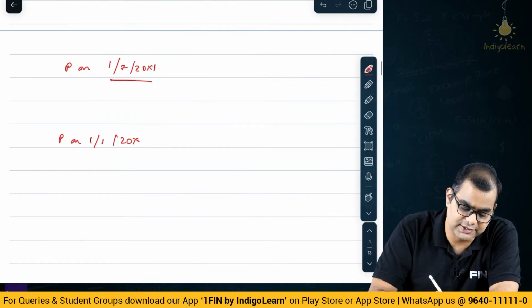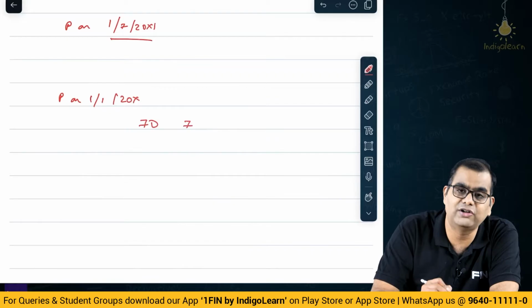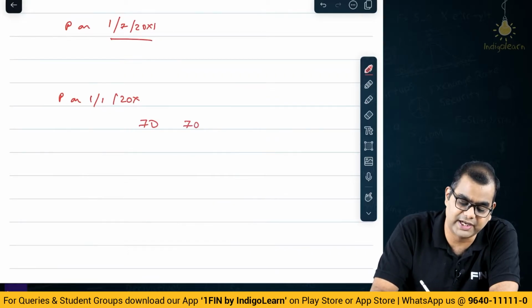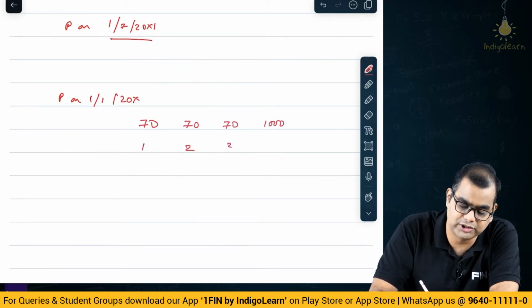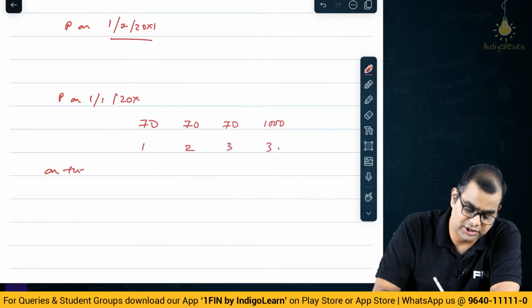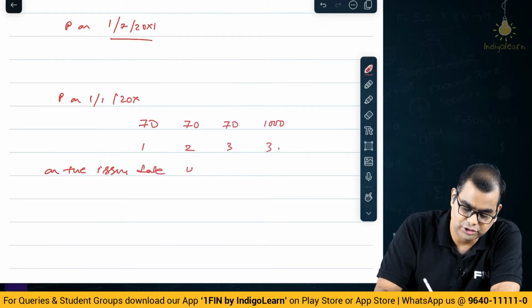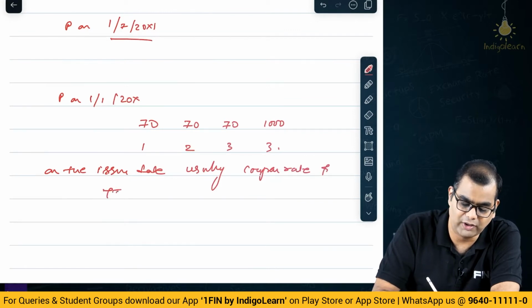So, what happens is, you have how many years? 3 years. So, the end of first year you have a payment of 70, end of second year you have a payment of 70, end of third year you have a payment of 70, and end of third year you also have a payment of 1000. So, 1, 2, 3, 3. Now, on the issue date, usually coupon rate and YTM are same.